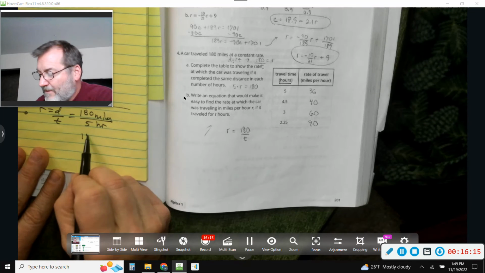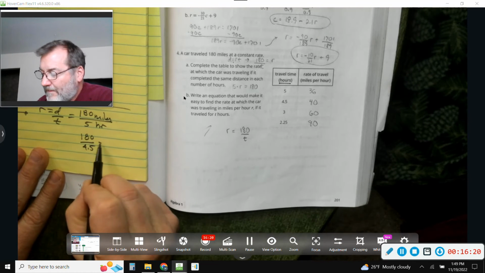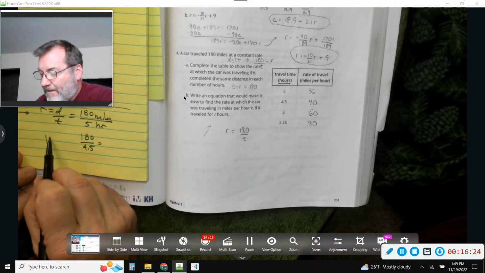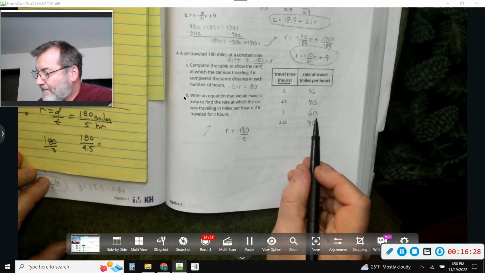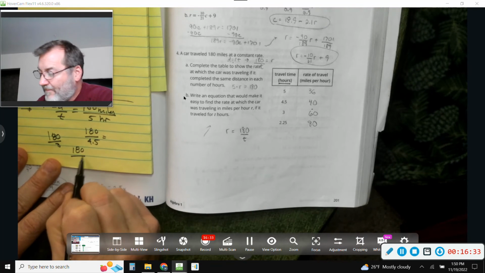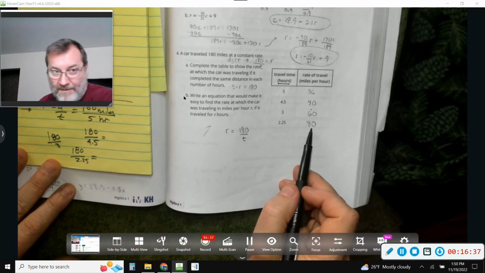The next one's 180 divided by 4.5, and that equals 40. Next one, you take 180 divided by 3, and that equals 60. And then 180 divided by 2.25 turns out to be 80 miles an hour.